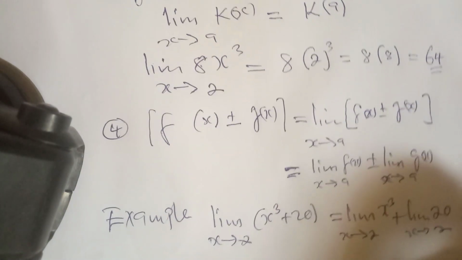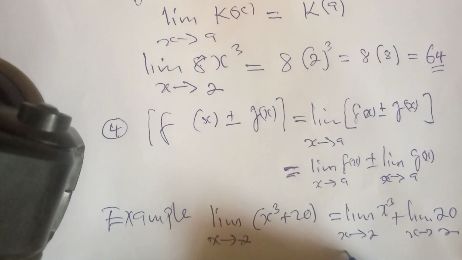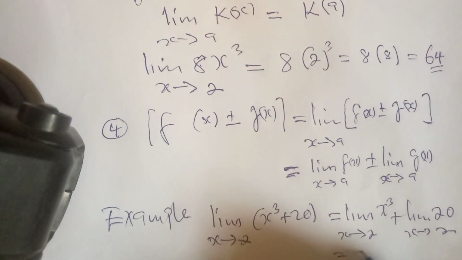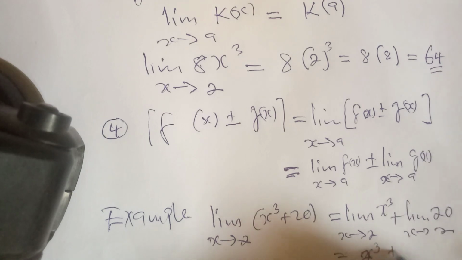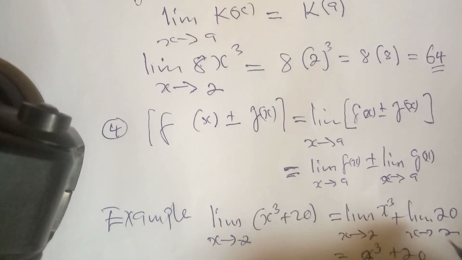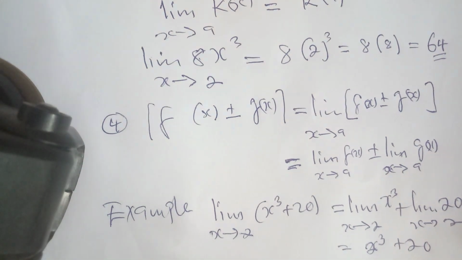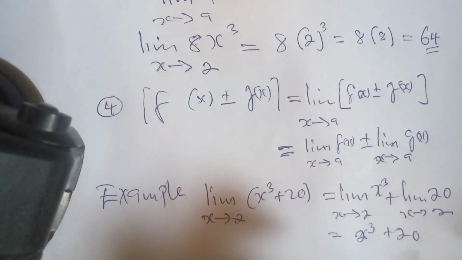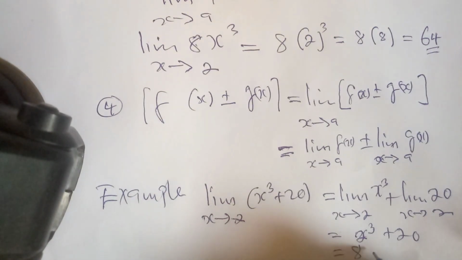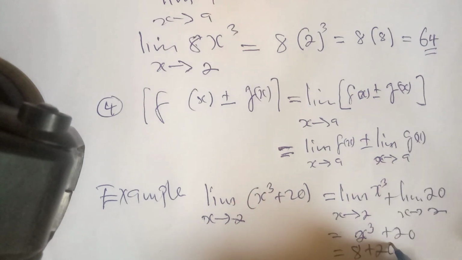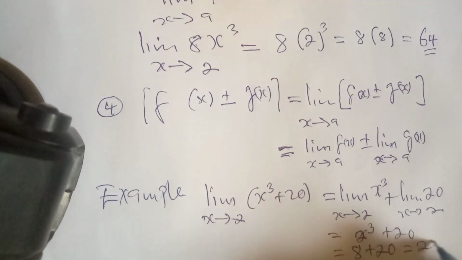So this means that you have 2 raised to the power of 3 plus 20, because the limit of a constant is constant. So 2 raised to the power of 3 is 8, plus 20 is equal to 28.